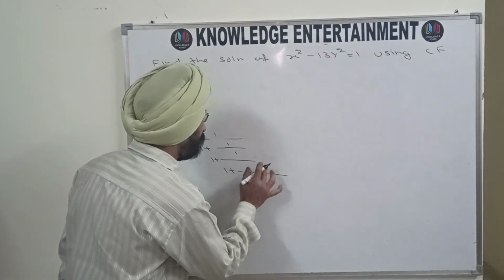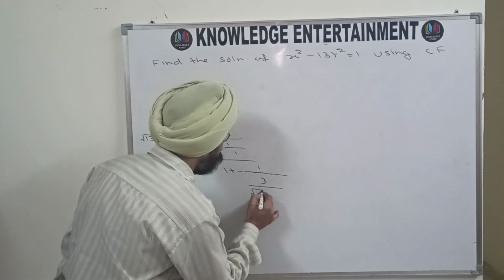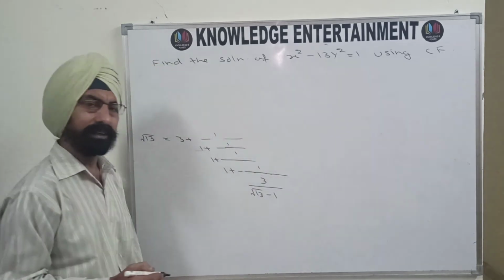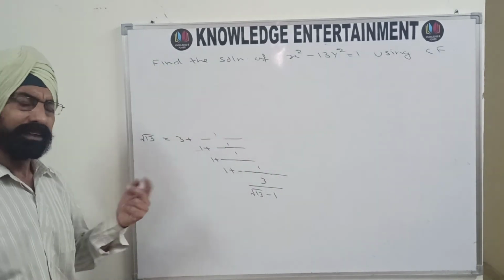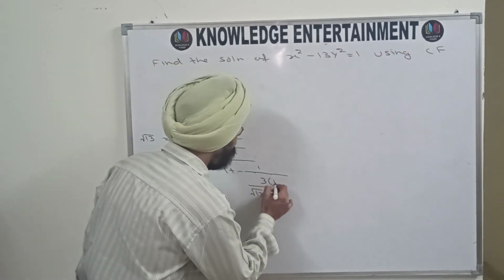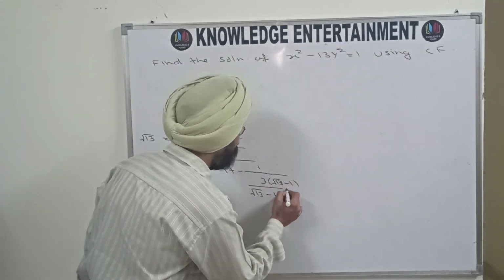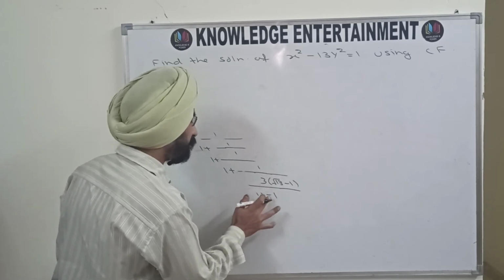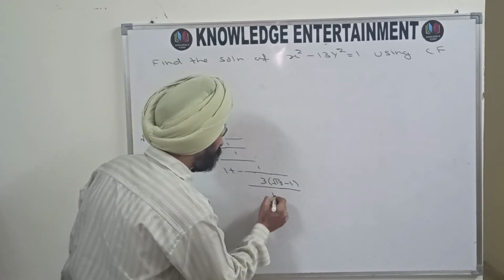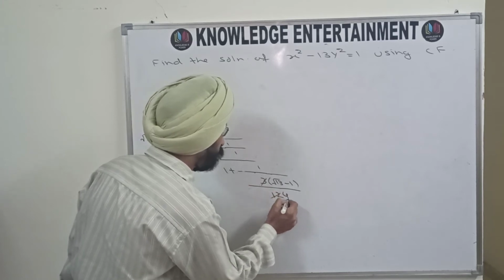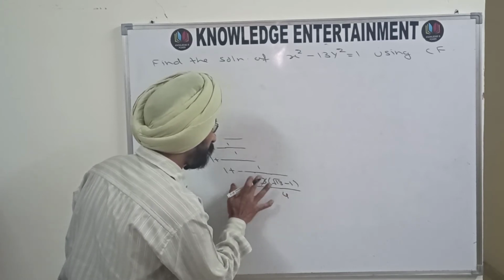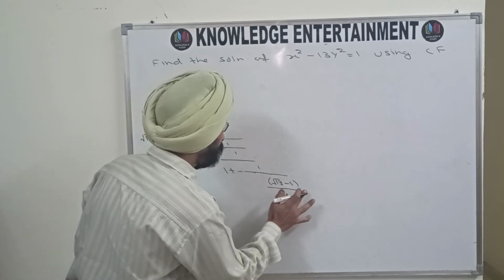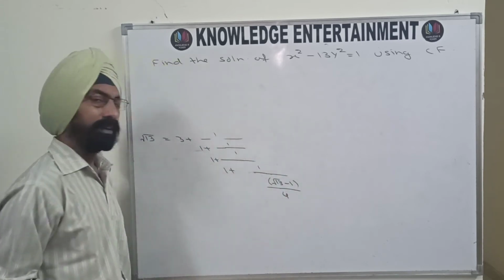So you will get here 1 upon under root 13 minus 1. Once again, the rationalization process, under root 13 plus 1, and in the denominator you will get 13 minus 1, that means 12, and this 3 and 12 will be cancelled to give you 4 in the denominator. So you are left with this now.